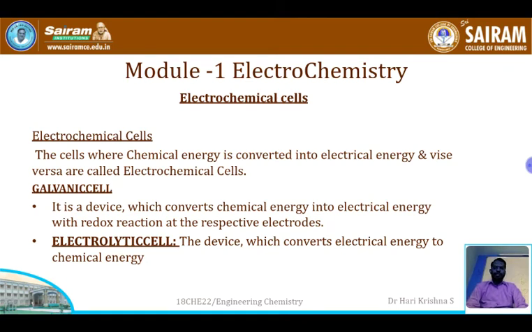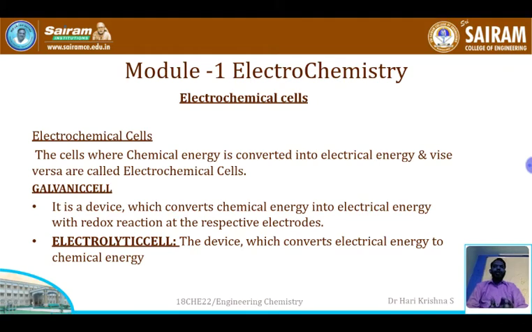Example, Daniell cell. The other cell is the electrolytic cell. The device which converts electrical energy into chemical energy, where chemical change is brought about with the use of electrical energy, is called an electrolytic cell. Examples are the electrolysis process, etc.